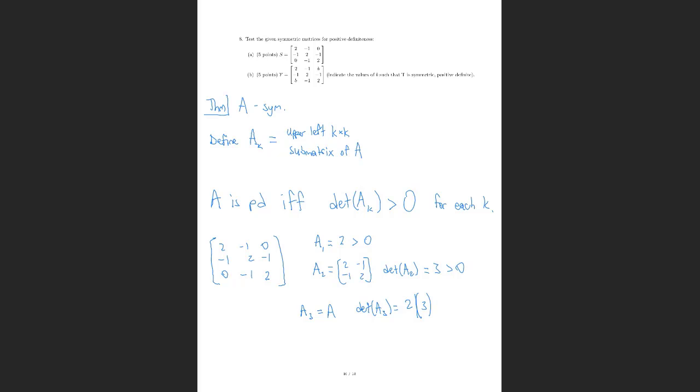Minus a negative 1, so plus, and then it'll be times negative 2 minus 0, so plus negative 2 ultimately. So that's 4, which is positive. Okay. So all of the determinants were positive. So according to this theorem, this matrix A is in fact positive definite then, okay?